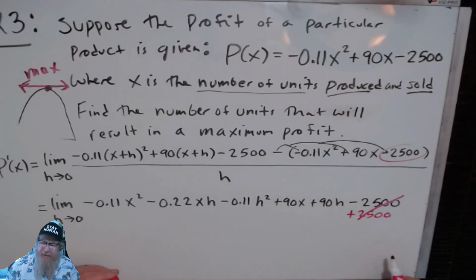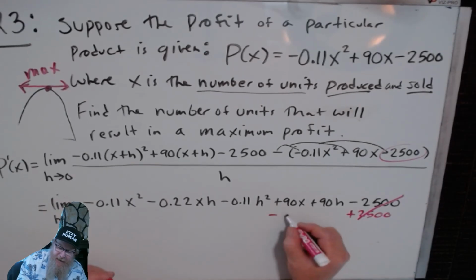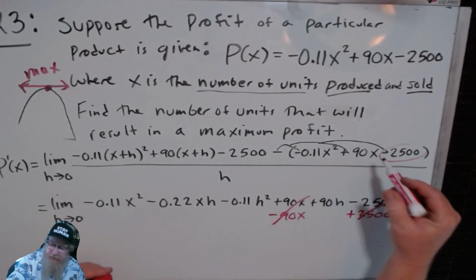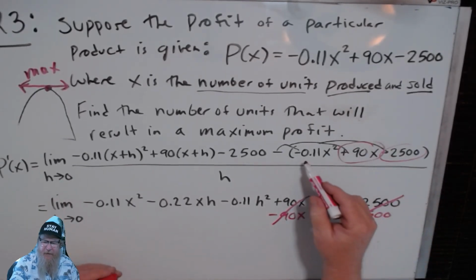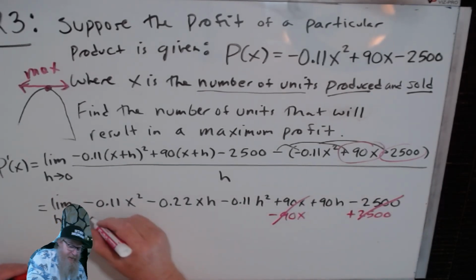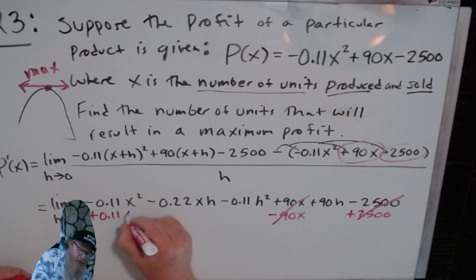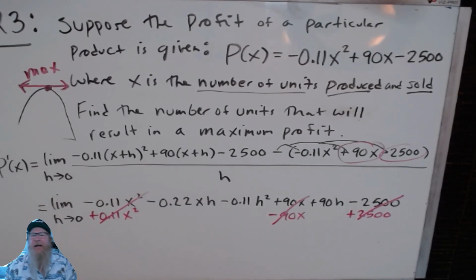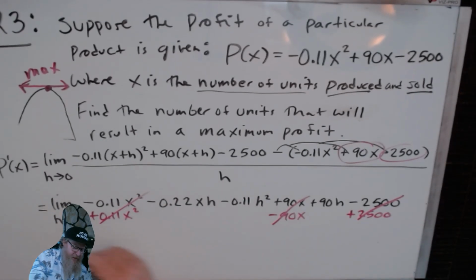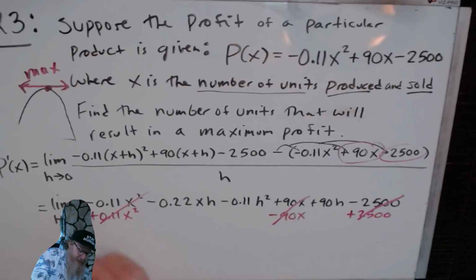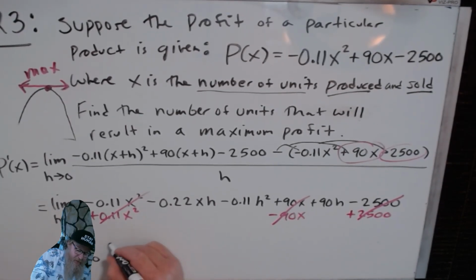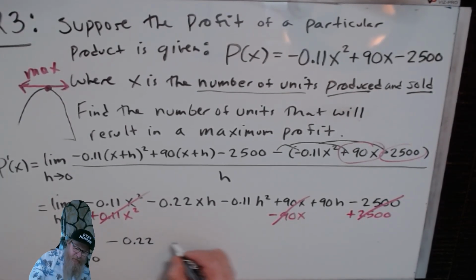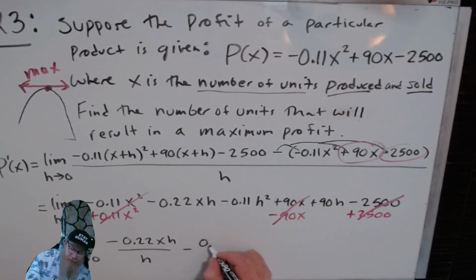So those are going to cancel. That's going to become a negative 90x. Those are going to cancel. And that's going to become a positive 0.11 x squared. And those are going to cancel. And then I can go to my last step, dividing everybody by h.